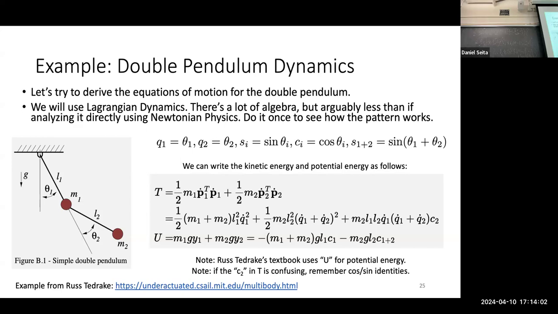Oh, there should be a minus somewhere. Oh, wait, there is a minus here. I think we're good.